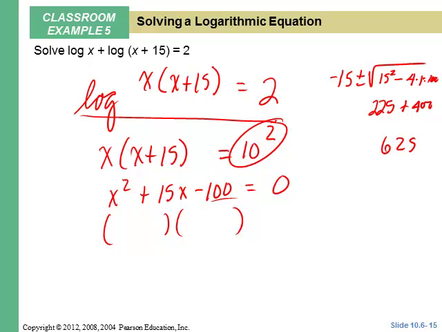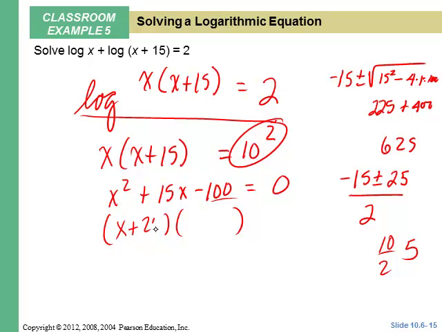is 25. So negative 15 plus or minus 25 over 2. Negative 15 plus 25 is 10 over 2, which is 5. 5 and 20, why didn't I think of that?